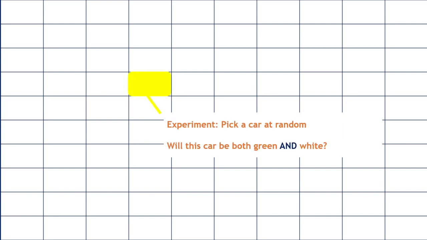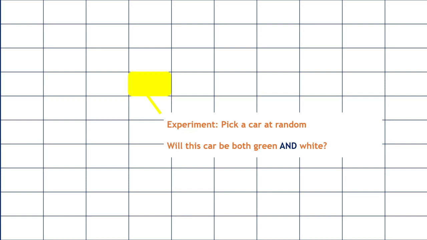If we conduct an experiment where we pick a car at random, will this car be both green and white? Because we know that cars usually only have a single color, it's either a green car or a white car. Usually a car does not have two colors.